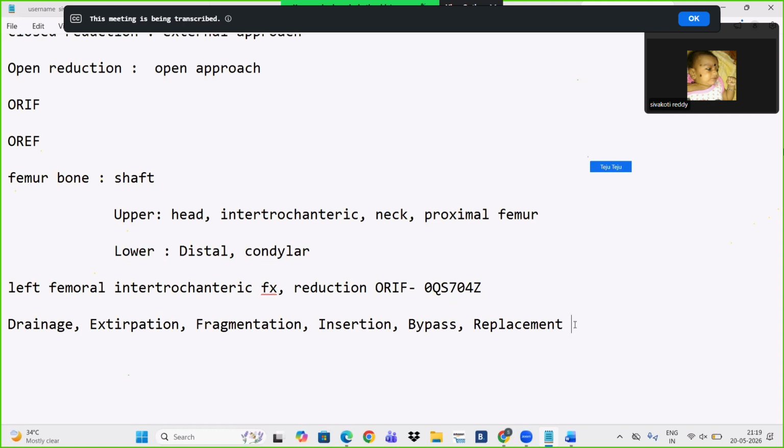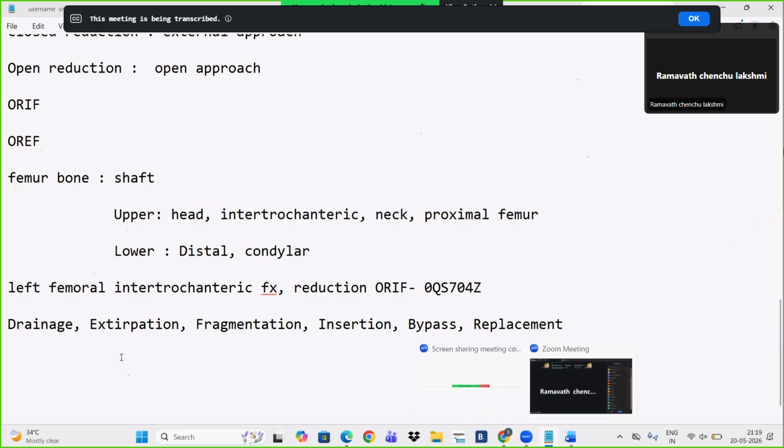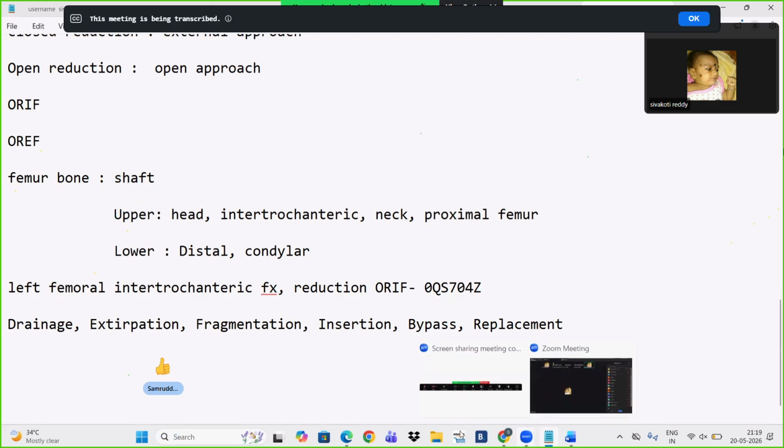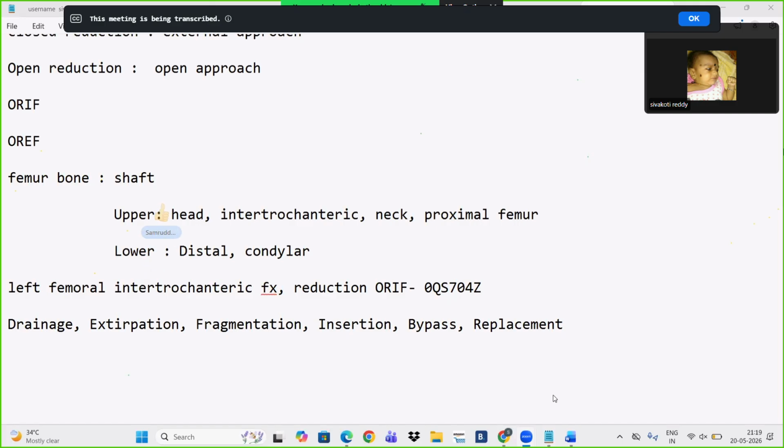I will ask the questions. Note down the root operations. You will find them in the PCS book under Appendix B: drainage, extirpation, fragmentation, insertion, bypass, replacement. Clear? That's it for today. If you have doubts, you can ask me. If not, you can leave the session.